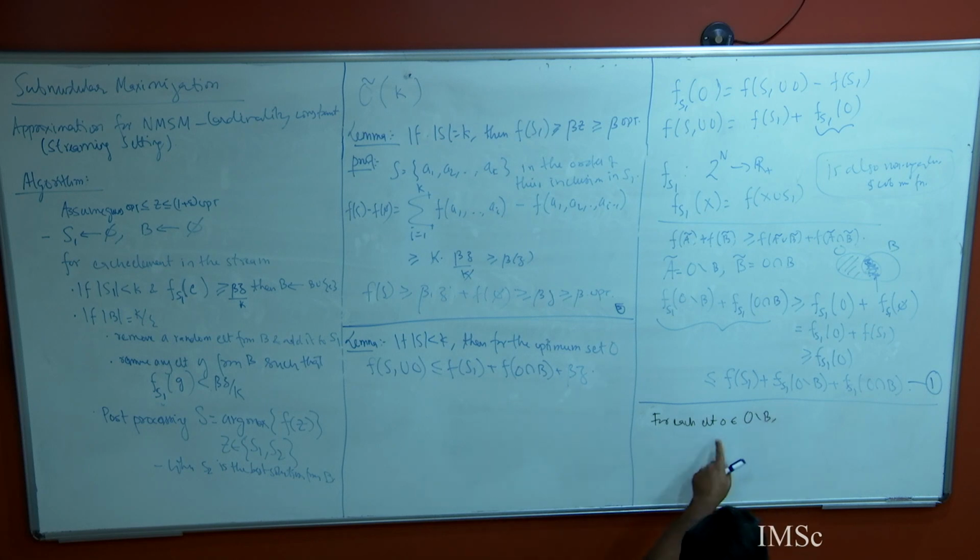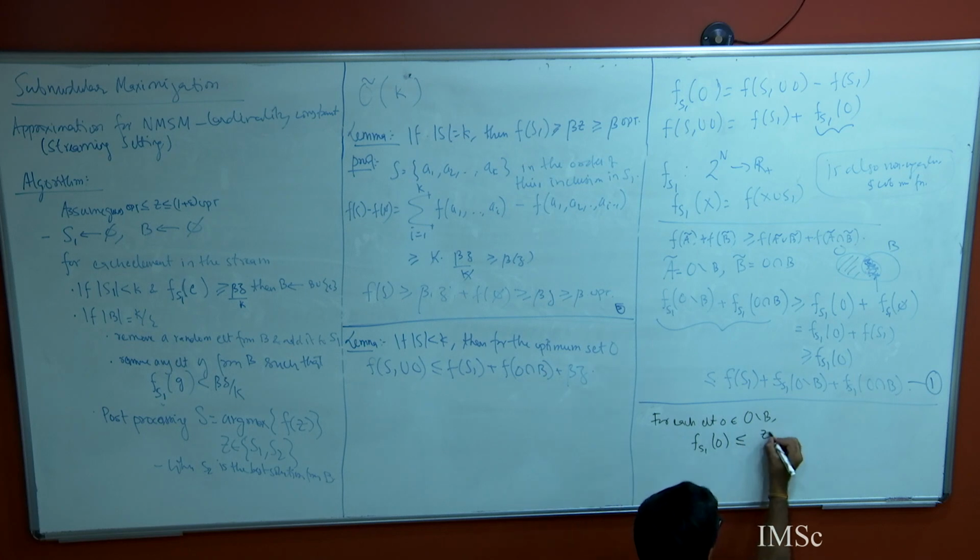I want to say that f of S1 O is less than or equal to beta z. How do I say this?